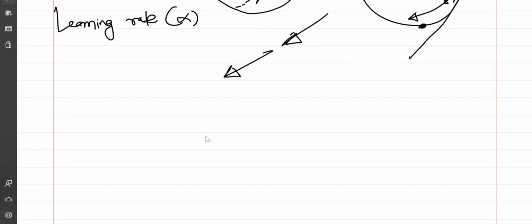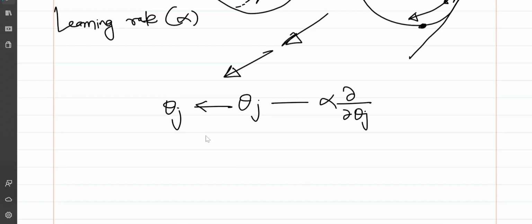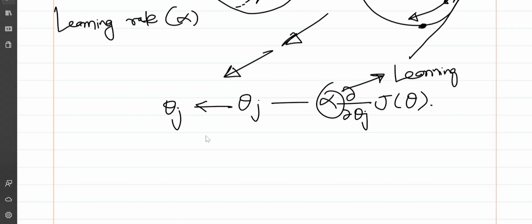So at each iteration, one should simultaneously update the parameters. This is some basic calculus. So this is our learning rate, and our ultimate goal is to reach theta j. So at each iteration j, one should simultaneously update the parameters.